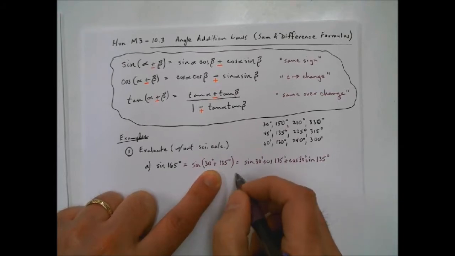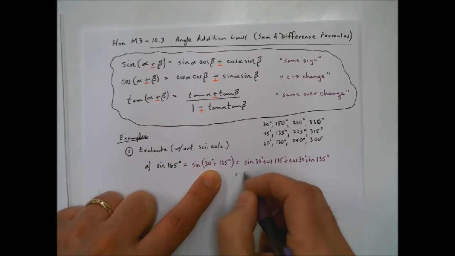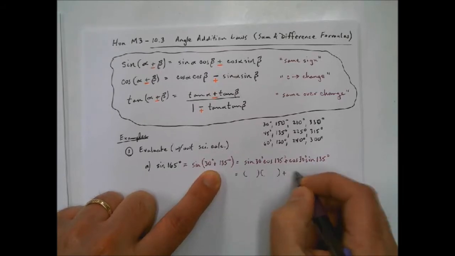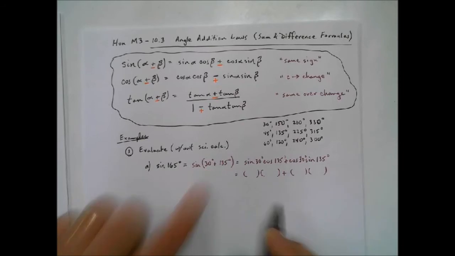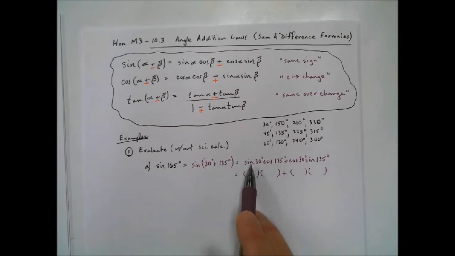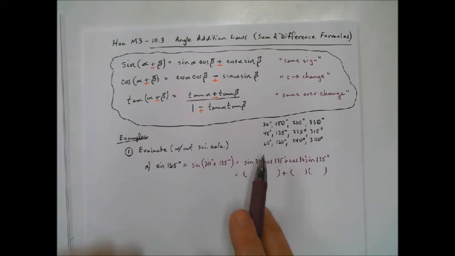Okay, now at this point, I like to do some parentheses because we're evaluating each one of these. Now we want to keep in mind, and if you need to have in front of you a sketch of your reference triangles, but we're going to be evaluating all of them.